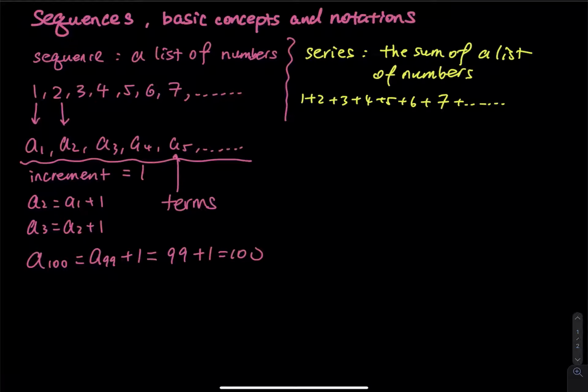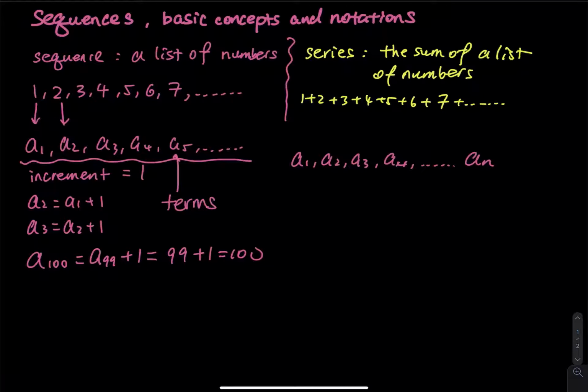So now, more vocabulary. We introduced the sequence and series, and the next thing that I would like to introduce is a finite sequence. We have A1, A2, A3, A4, and then we go all the way to AN. We just go from the first term to the nth term. So there are a countable number of terms, right?